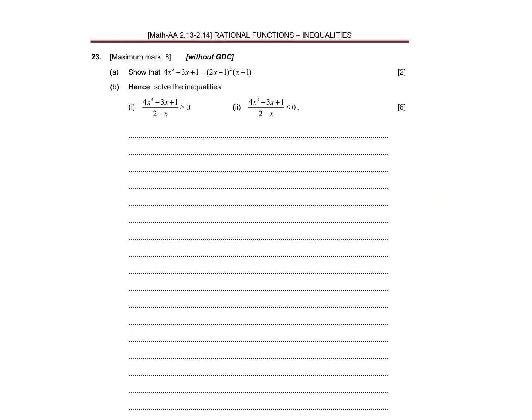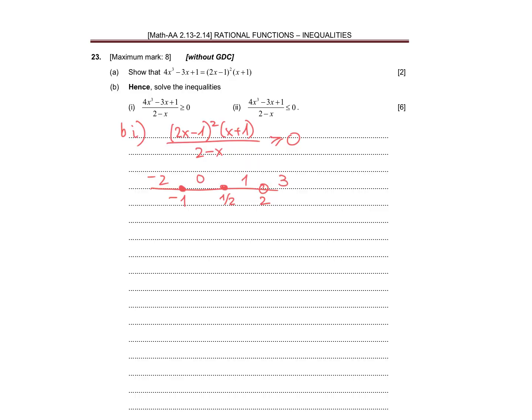All right, so for 23, I'm not going to show that in A, but in B(i), we're going to have (2x minus 1) squared, (x plus 1) over (2 minus x). So our zeros are 1/2, and it can be equal, negative 1, and positive 2, not equal, because it's a denominator. We need test points.